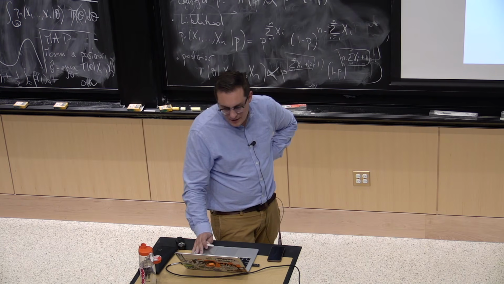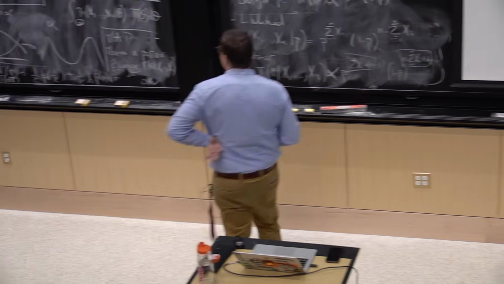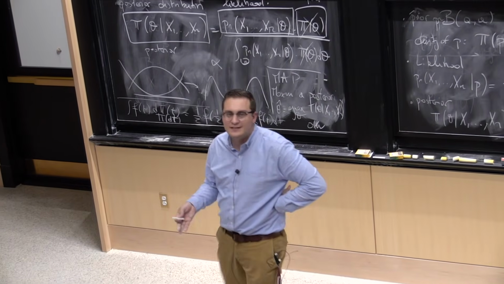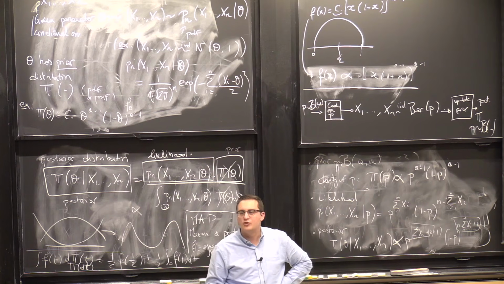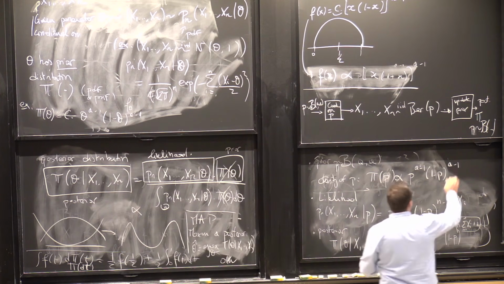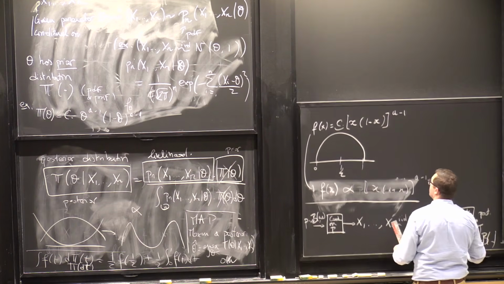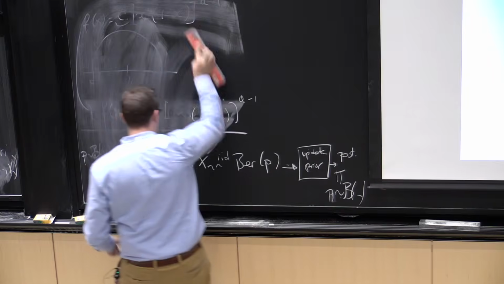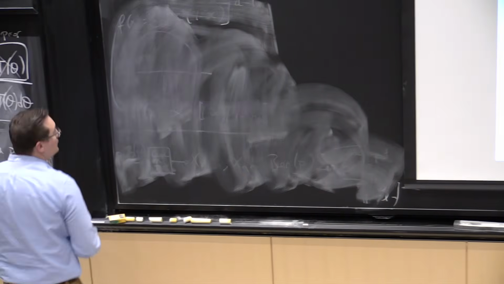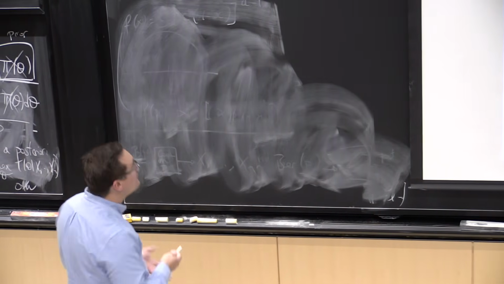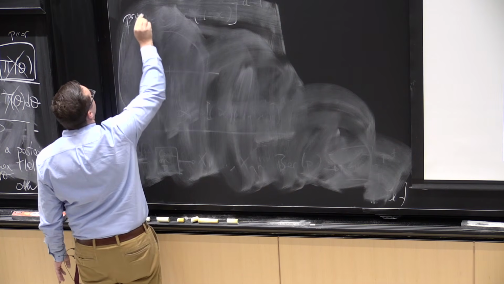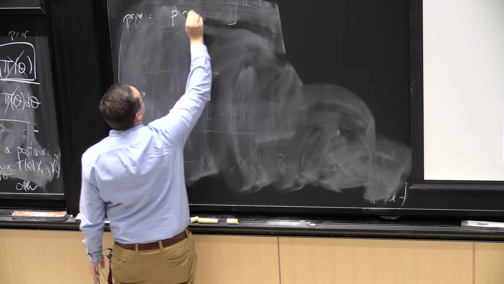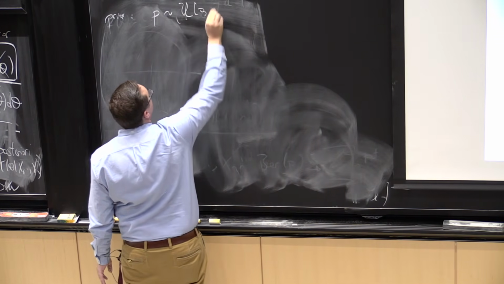Okay, so let's see some examples of non-informative priors. If I'm on the interval 0, 1, this is a finite set, so I can talk about the uniform prior on the interval 0, 1 for a parameter p of a Bernoulli. That means my prior is that p follows a uniform on the interval 0, 1.